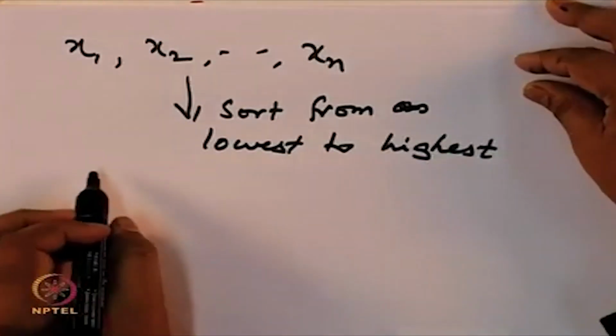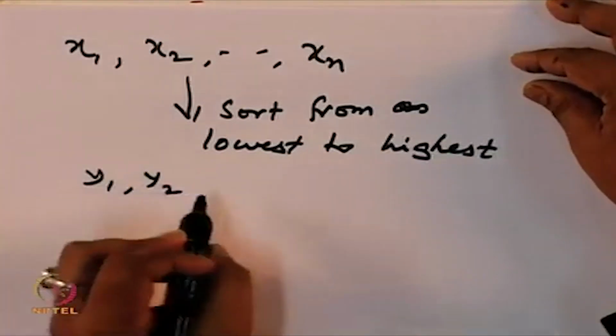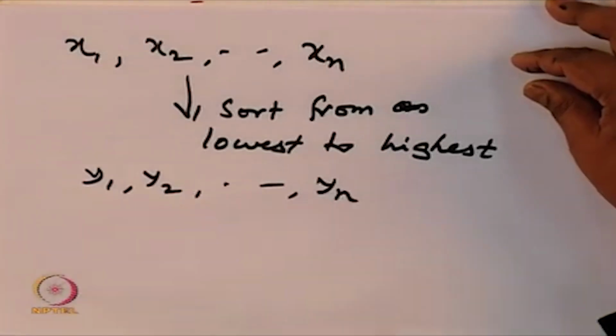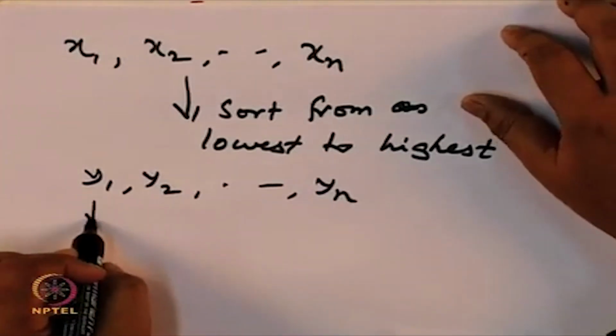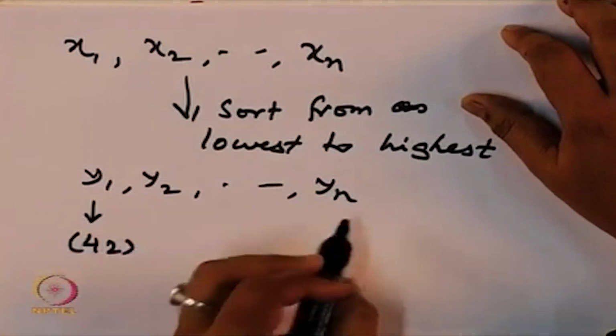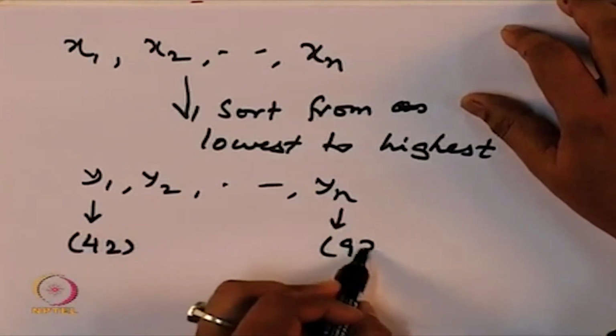Okay. And let us say we call that y1, y2, and so on, yn. So, in our previous case, y1 was roughly 42 and yn is roughly 93.